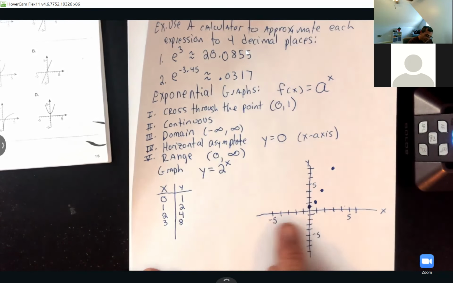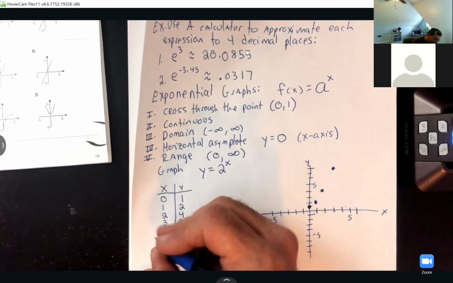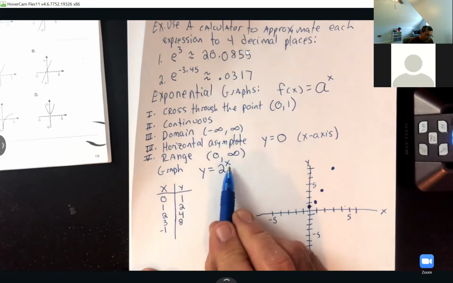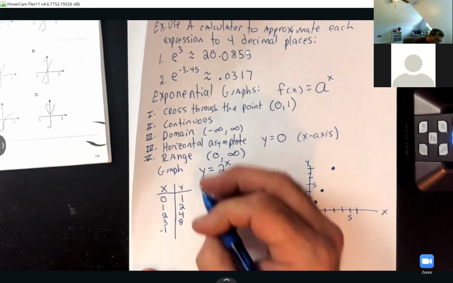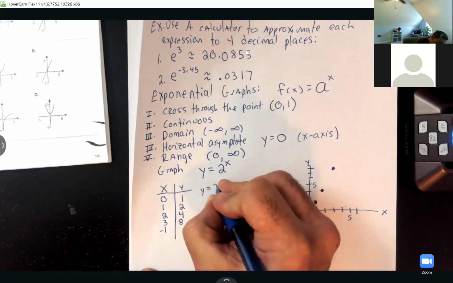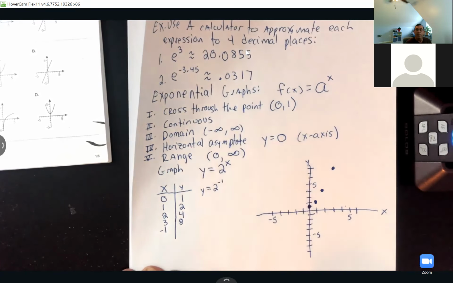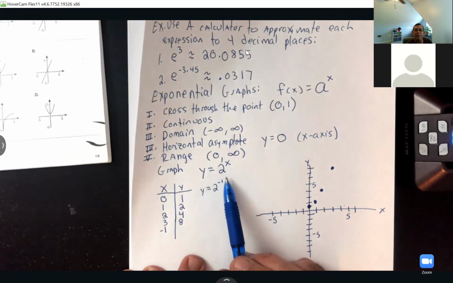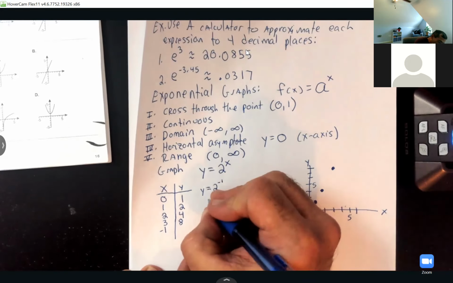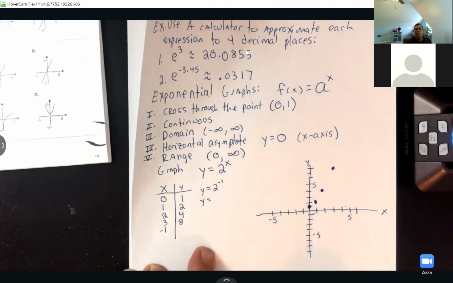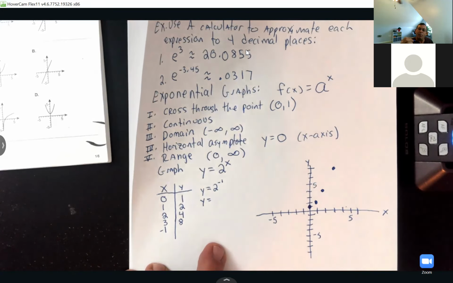Let's look at what happens on this negative side. If you put a -1 in for that x, you get 2 to the negative first exponent. So we make exponents positive by putting the expression under a 1.